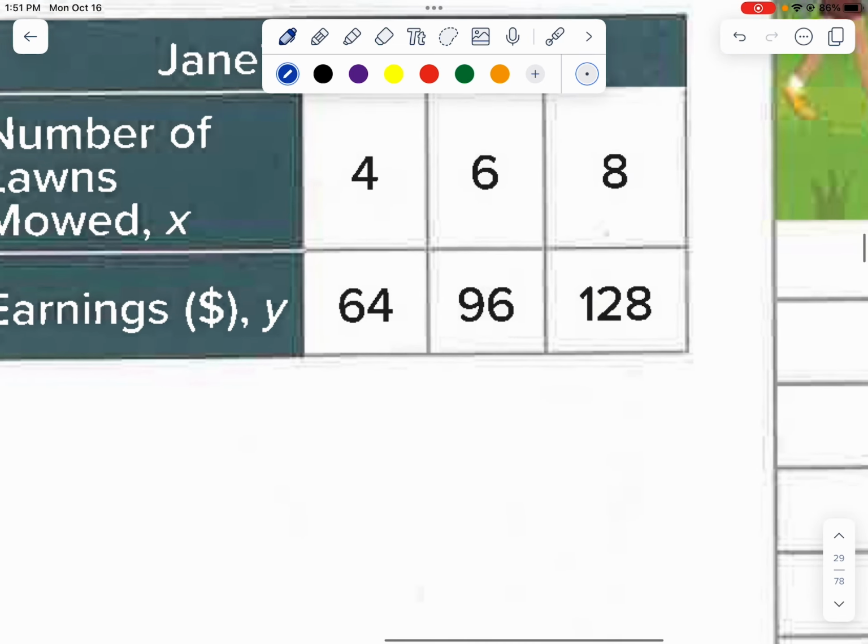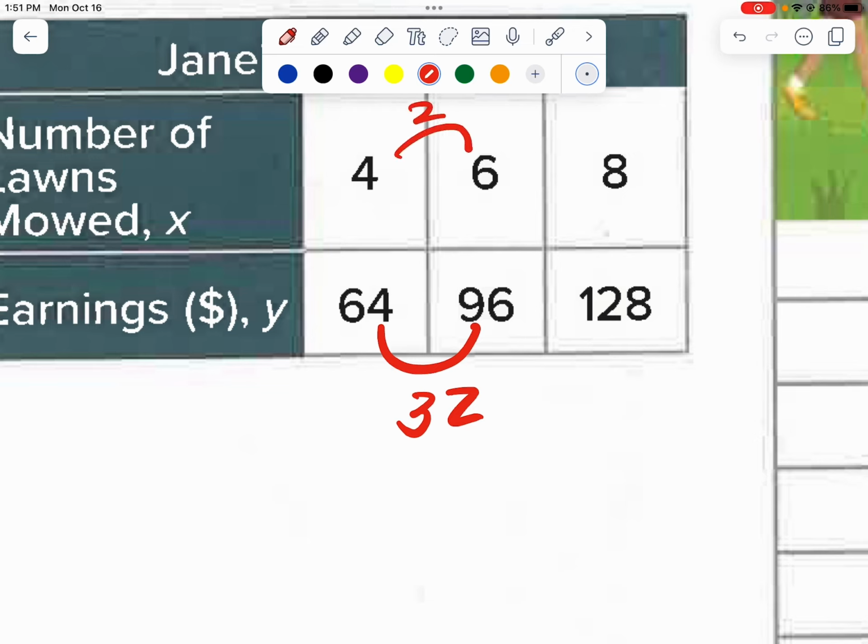Then over here, I went up by 32. Is that right? Yeah. And this is up by 2.